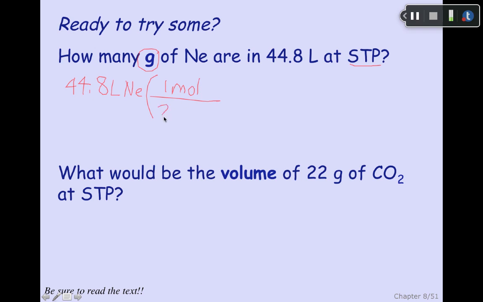So 1 mole is still 22.4 liters for any gas at standard temperature and pressure. And that allows us to get from liters to moles, but we want grams. So we need another step that allows us to cancel out moles of the gas and relate it to grams. Well, this should look familiar to you, because there is a very common conversion factor that has grams per mole, and that one is described as molar mass.